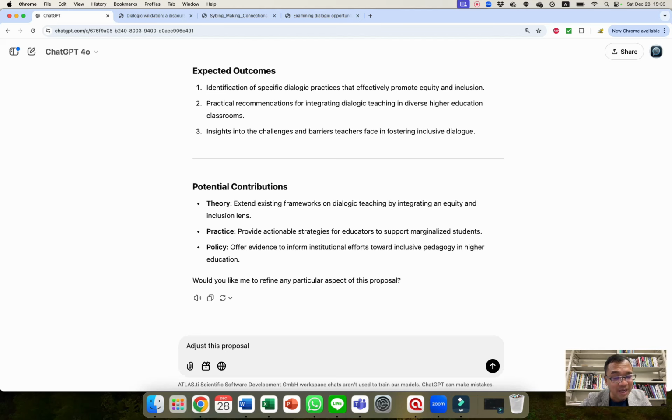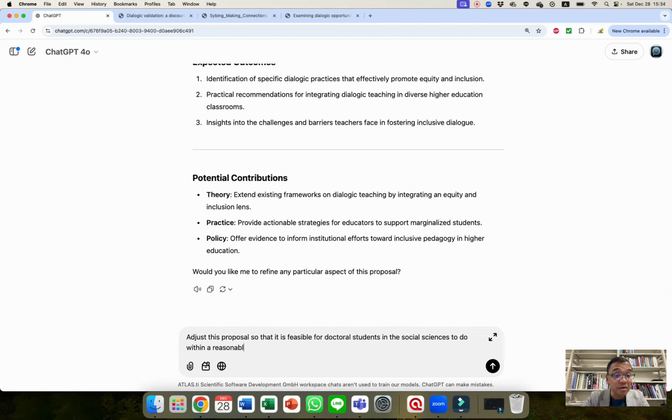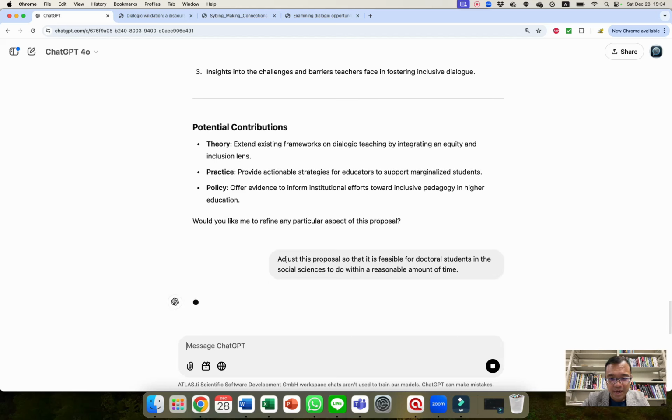It's totally okay if you have the means and if you have the motivation to go the distance on such an ambitious study. But if we wanted to adjust this down, let's say adjust this proposal so that it is feasible for doctoral students in the social sciences to do within a reasonable amount of time. Let's see what happens.